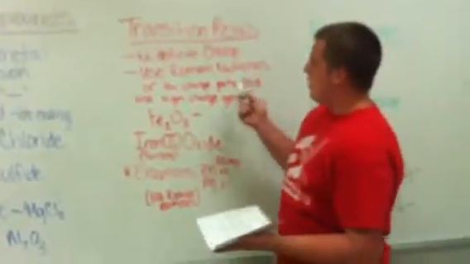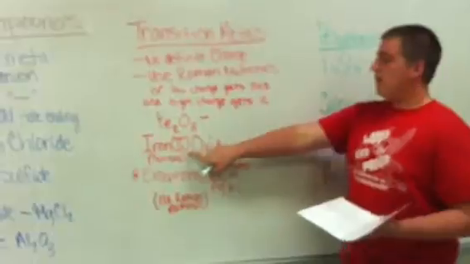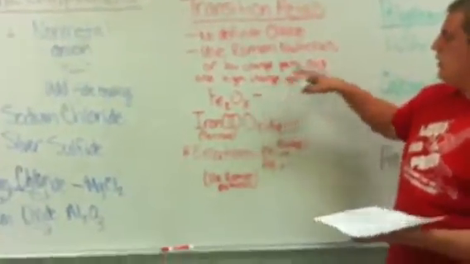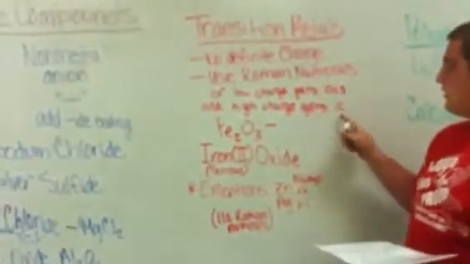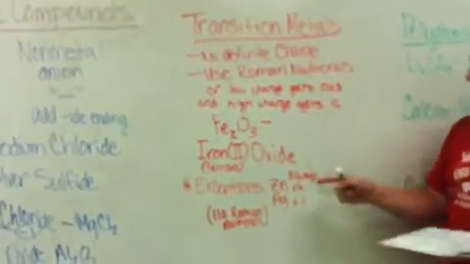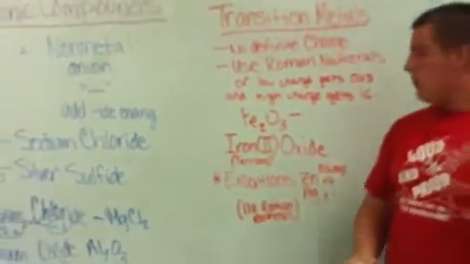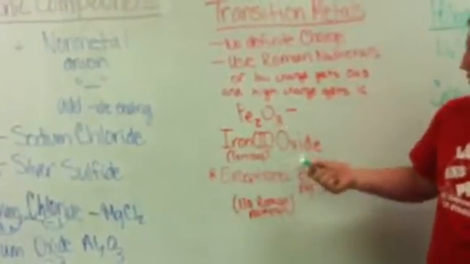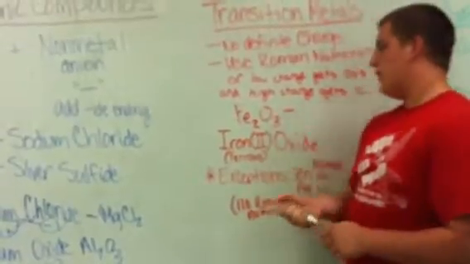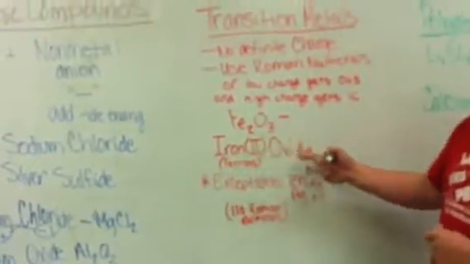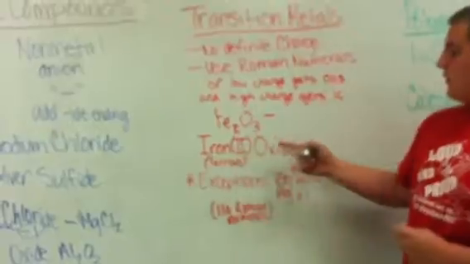You use Roman numerals to name them, or you use the low charge gets the "ous" and the high charge gets the "ic." So if we have Fe2O3, we would name that iron 2 oxide or ferrous oxide.